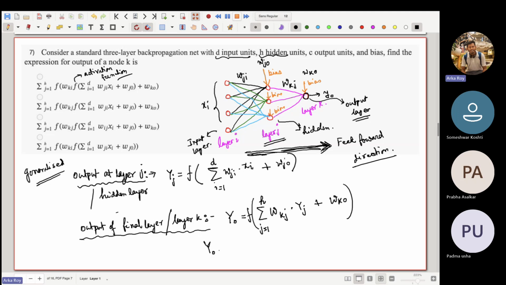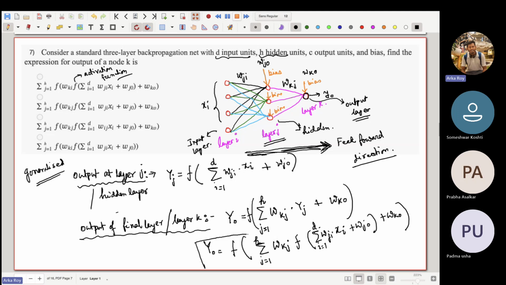So effectively, your functional representation can be written as the summation, j equal to 1 to H, of Wkj times f of the summation of Wji xi plus Wj naught, plus Wk naught, where i is varying from 1 to d.